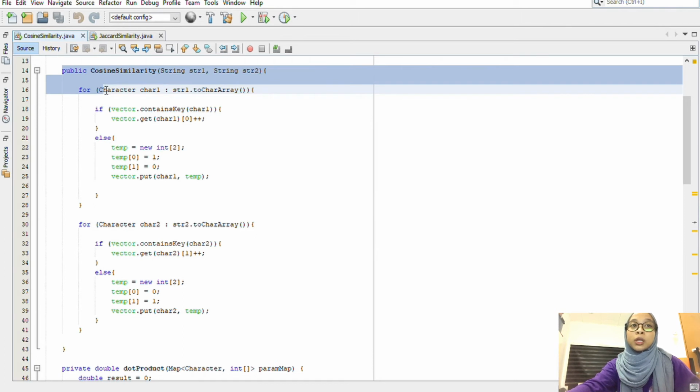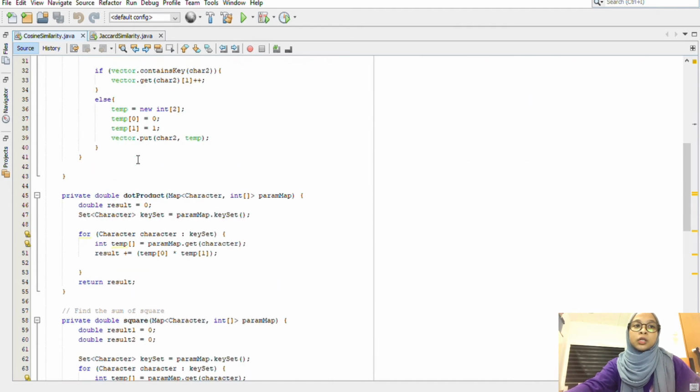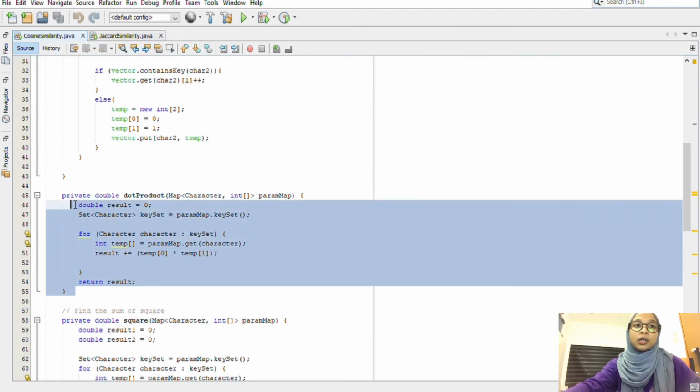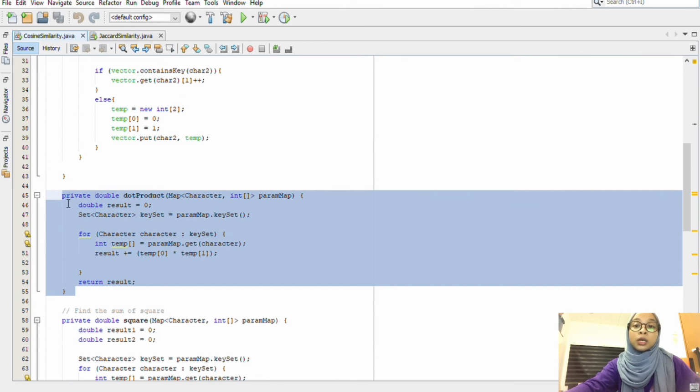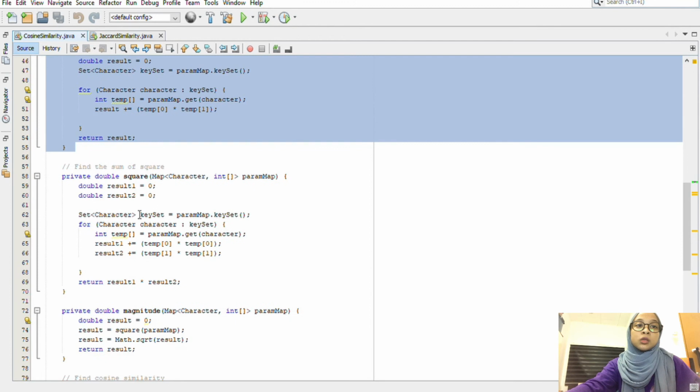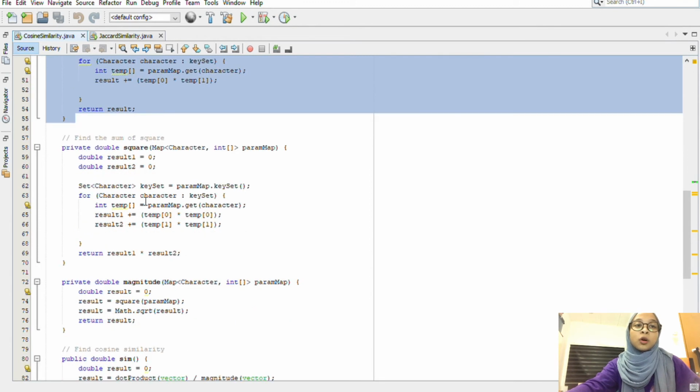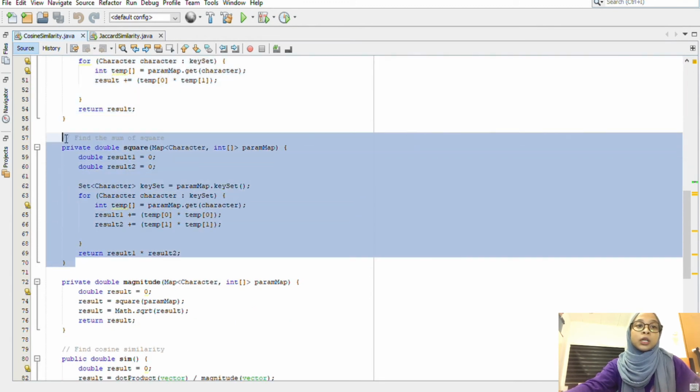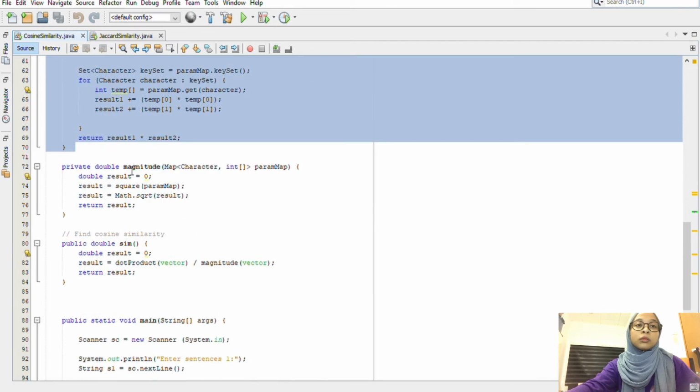So this method is to count the words. Then this one is the method for dot product, to calculate the dot product. Then the square method, which is to find the sum of squares. Then the magnitude method, to find the magnitude.